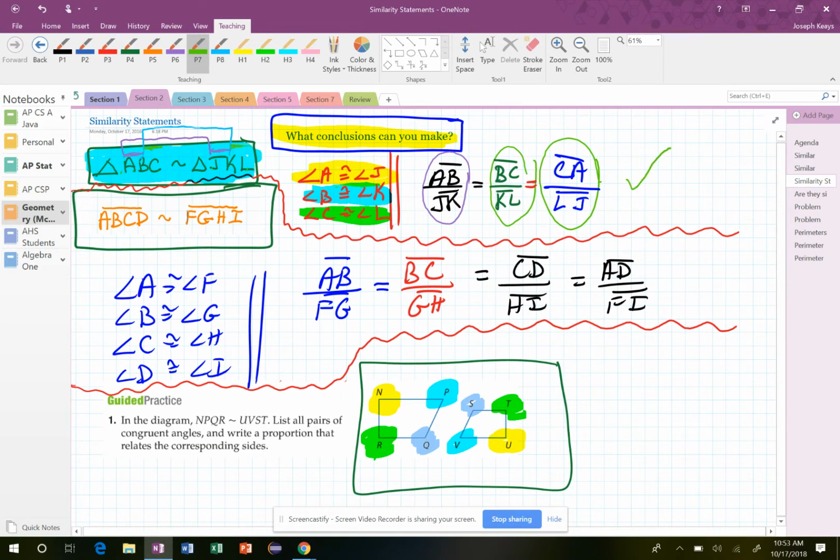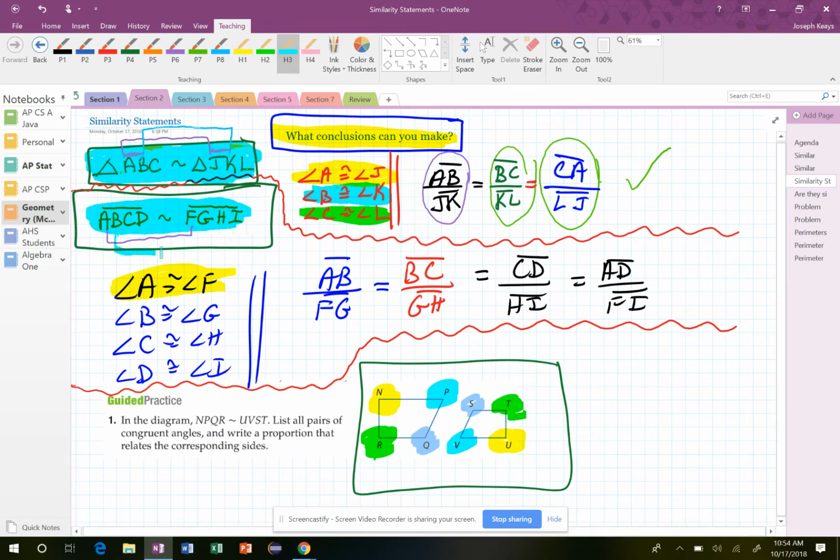Let's do another problem, but this one is going to deal with a four-sided shape, a quadrilateral. By the way, this works for quadrilaterals or pentagons or heptagons or 20-gons. These similarity statements are going to be written, and you have to know how to interpret them. That's what we're doing right now. What conclusions are we making? Once again, it's like the match game. A and F are in the first position, so we can conclude angle A and angle F are congruent.